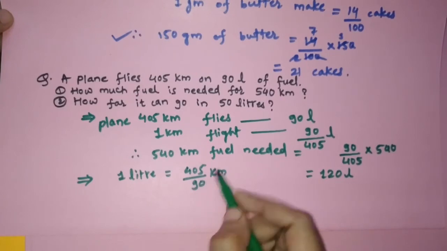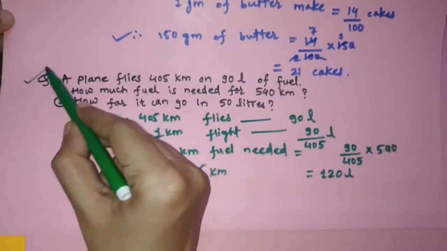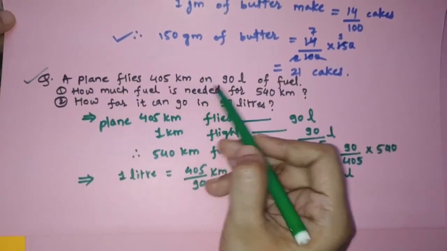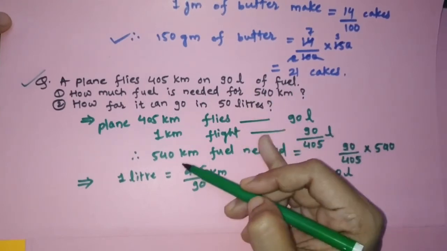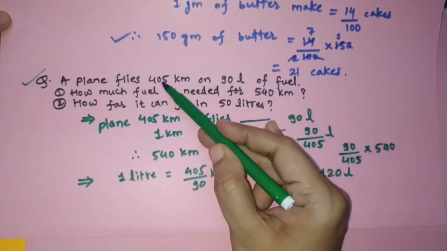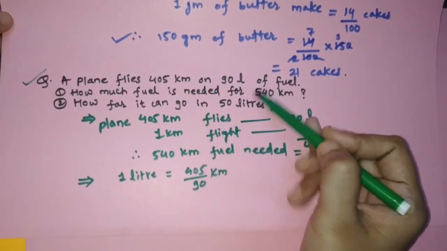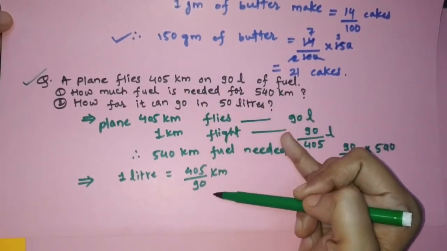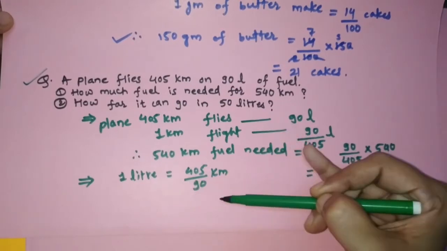This is the distance that is given in the question itself: a plane flies 405 kilometer on 90 liter of fuel. So from this we can find out for 1 liter: 405 divided by 90, where 90 is the total liter of fuel for this distance.